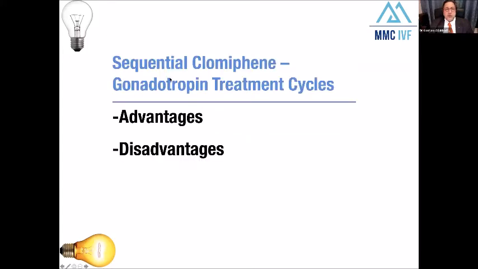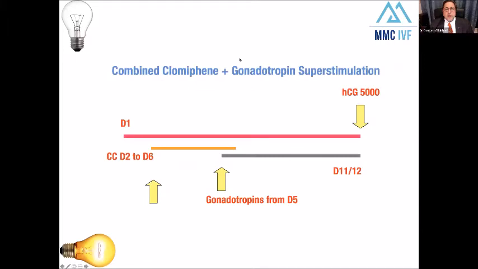So this is called a sequential clomiphene and gonadotropin cycle. That means you combine tablets, and this gray line is injections. This doubles the pregnancy rates. But remember, all these things you can do maximum 3 or 4 times.